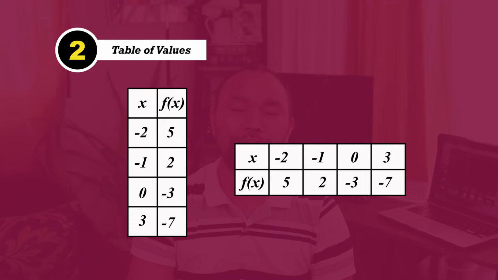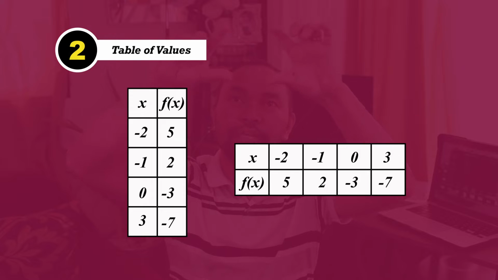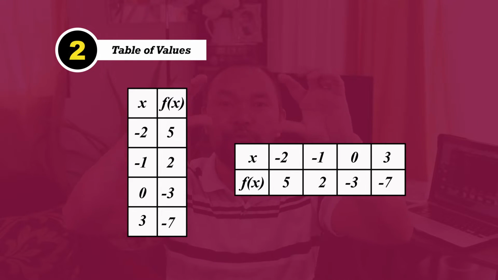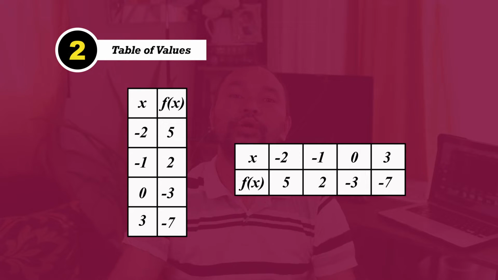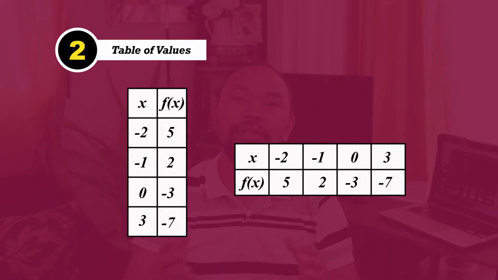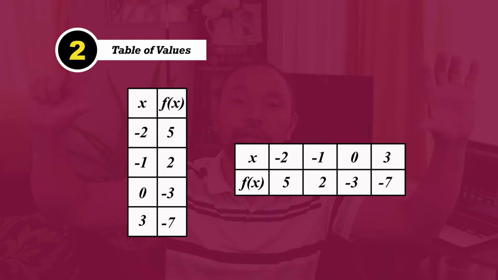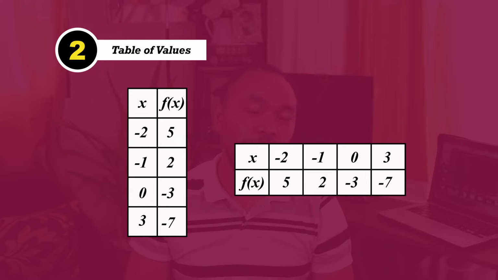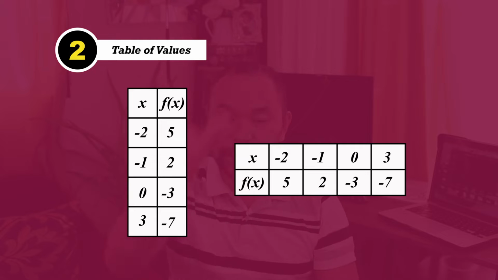Now, the second way of representing a function is through a table of values, where we see the x values written on the first row and the y values written on the second row. You may see that a table is represented horizontally, but in fact you can also draw the table vertically.